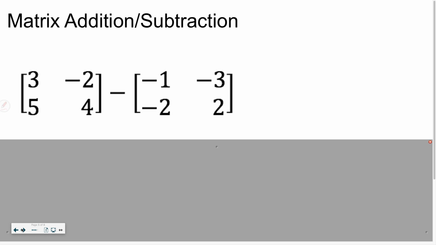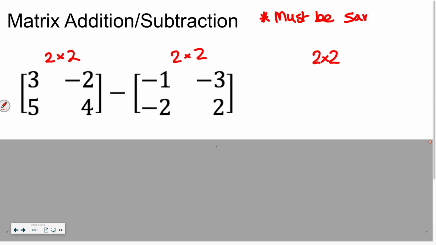So in order for you to be able to add or subtract, this order is 2 by 2, this order is 2 by 2, and the difference will come out to a 2 by 2. So in order to add or subtract, they must be the same order.